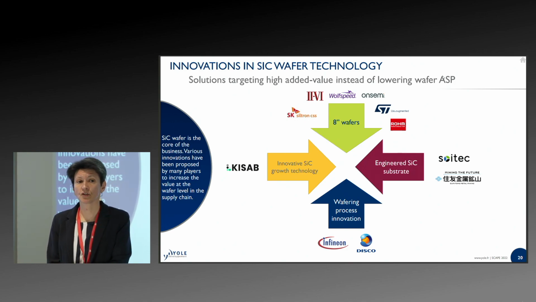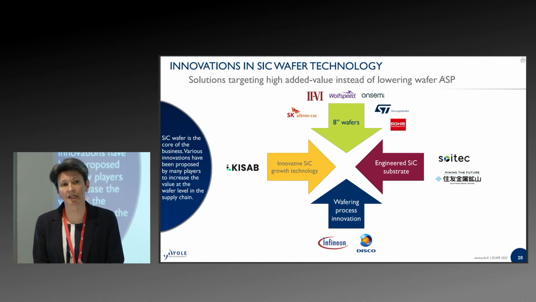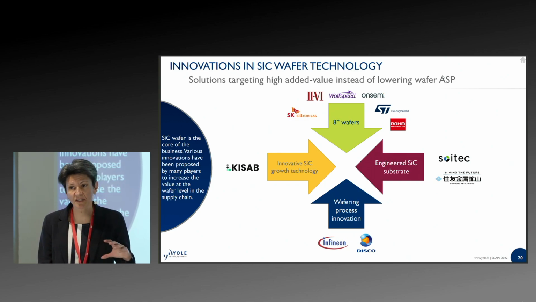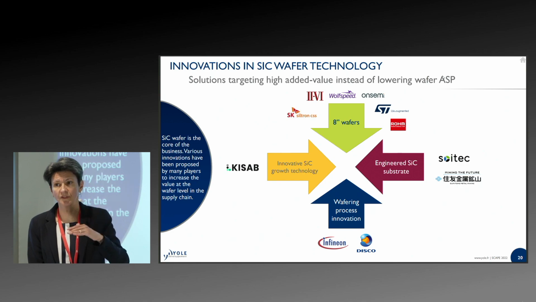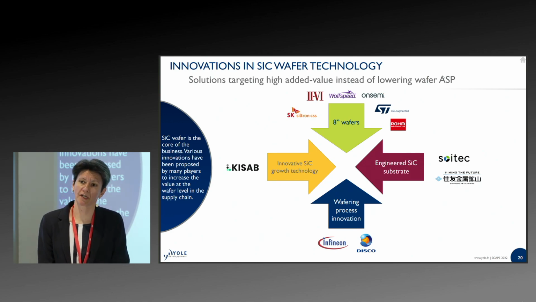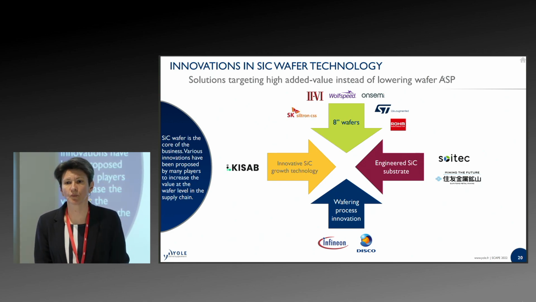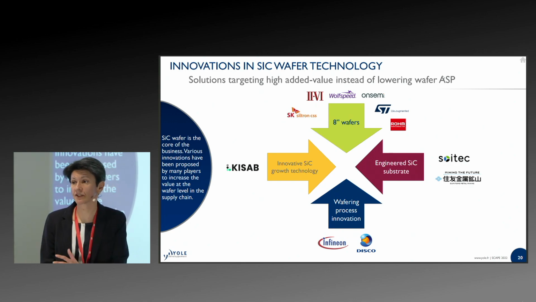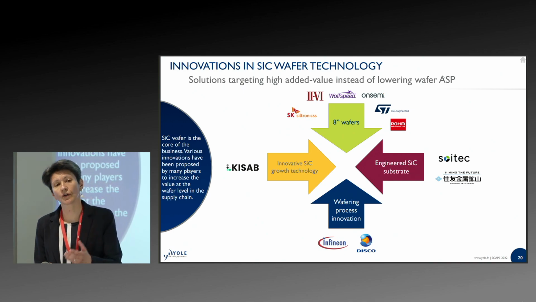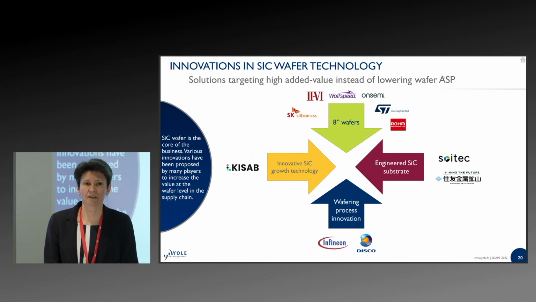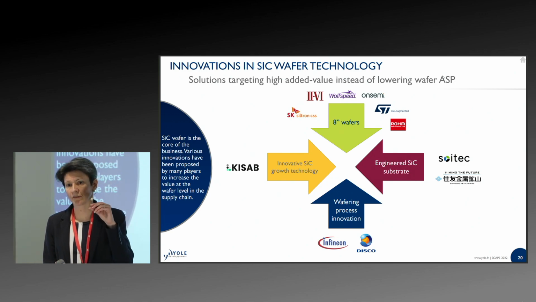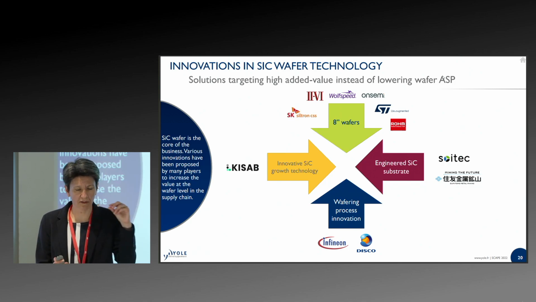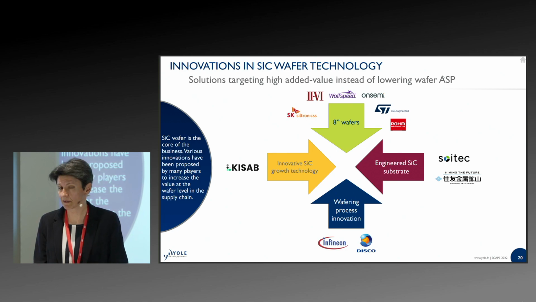Other things we've seen: wafering process innovation, as we've said, like Infineon or Disco with their KABRA technology, working at the wafering level, trying to get more wafers out of one boule and increasing the yield at that level. Engineered substrates also, most recently Soitec or Sumitomo Metal Mining with SiOx technology, working on a thin silicon carbide layer that can be bonded on different polycrystalline wafers, for example.